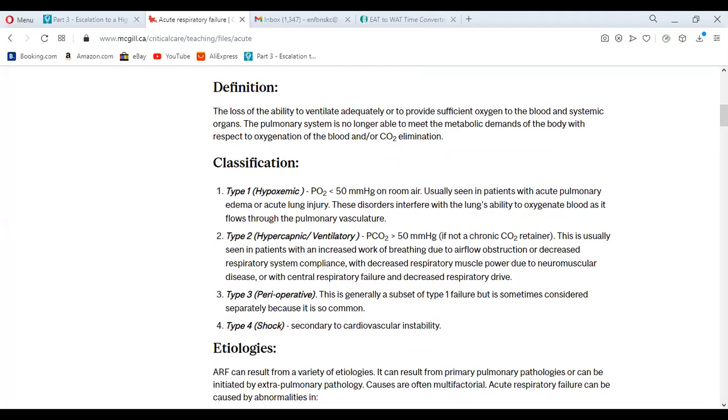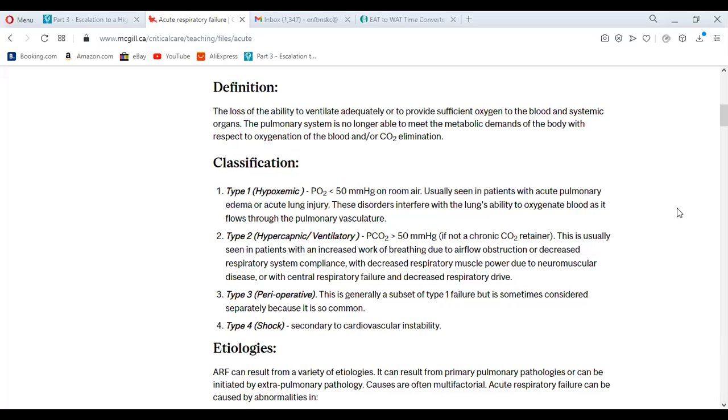This is usually seen in patients with an increased work of breathing due to airflow obstruction, for example in asthmatics, or people that have upper airway obstruction from any cause.